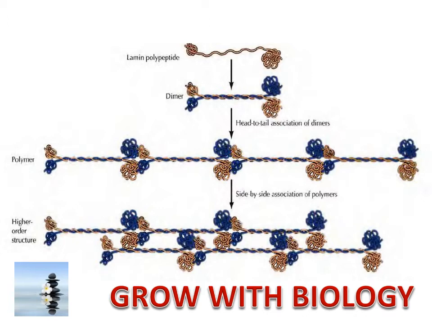Then these dimers will join to form a polymer by side association and then to form higher order structures. Basically, this increase in complexity will help to give the nuclear membrane basic support. These lamins are proteins with lipids, which are added in post-translational modification.